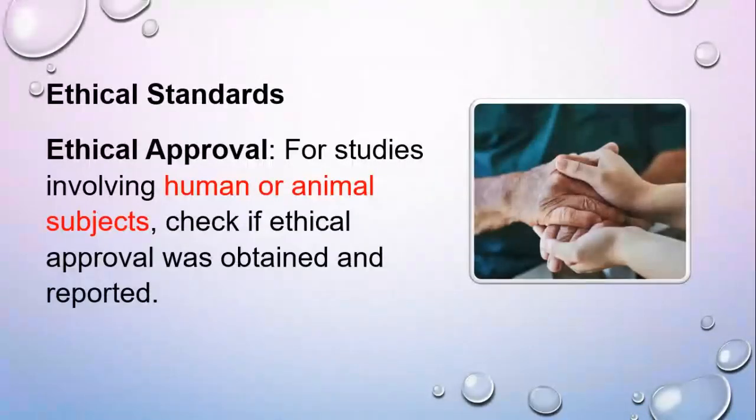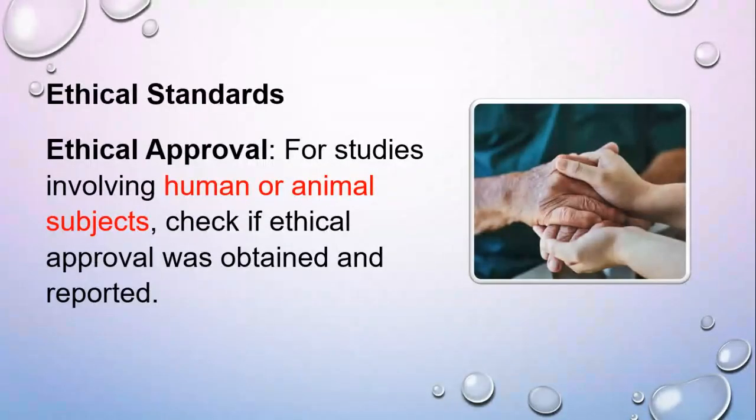For example, sometimes with studies involving humans or animals or any subjects, we have to check if ethical approval was obtained. We also do this when we conduct, for example, a questionnaire or any experiment. We always get the subjects' consent and agreement about their participation.